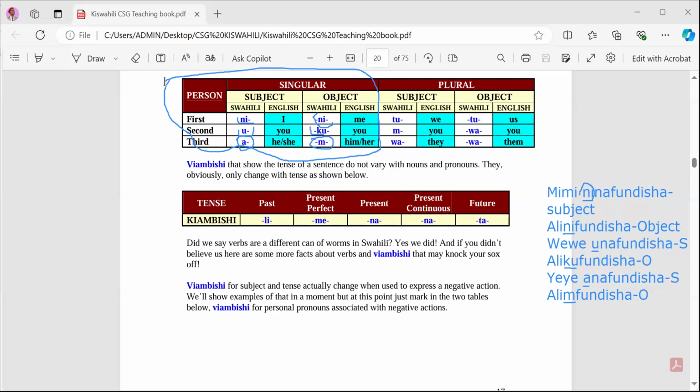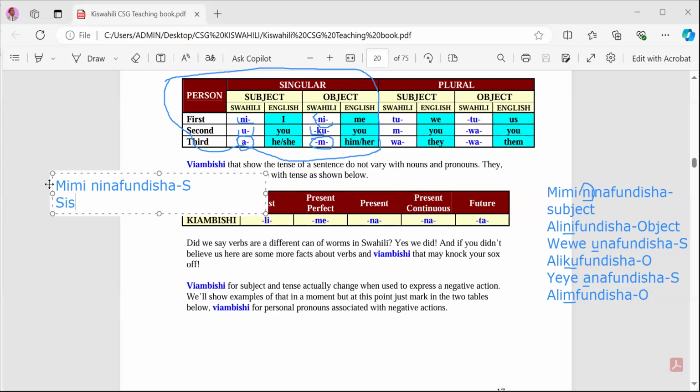All right. Let's get to the plural part of the object. Let me also draw another chart by this left side. Even if it will block there, I'll delete it. Remember when you say the plural of mimi ninafundisha was? This is in the singular aspect. This plural was sisi tunafundisha.